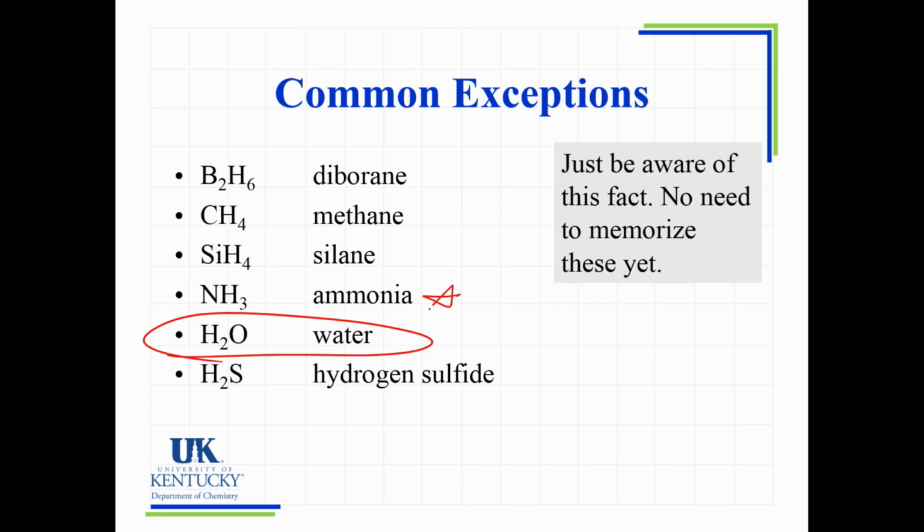We will use this one fairly frequently, and you might run across this one. We've already this semester talked about methane a little bit. So those would probably be the ones that you would see more frequently, but just be aware that there are some simple compounds where we stick with their common name and don't use their systematic name.